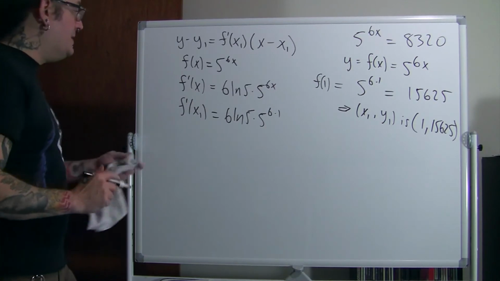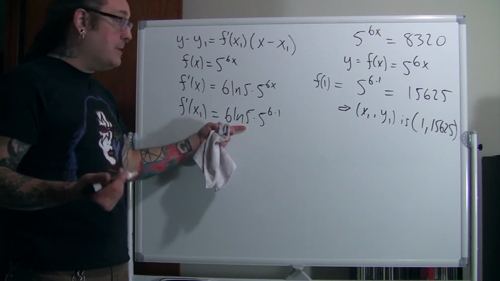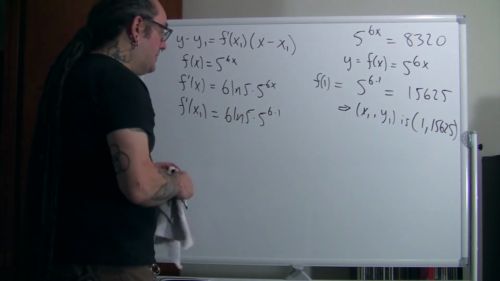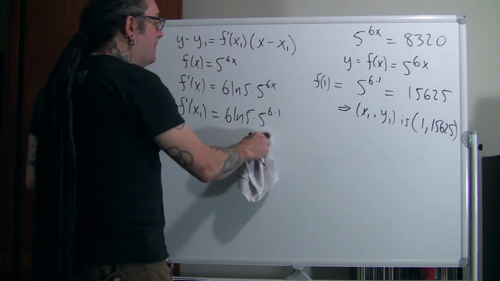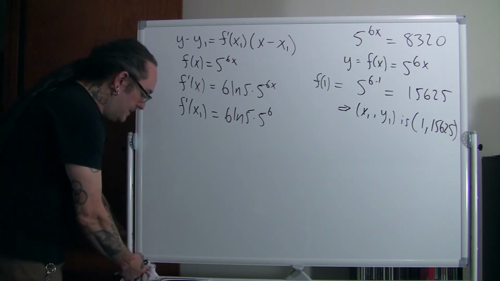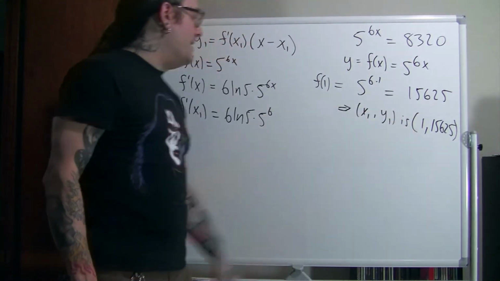So what do we have? We have 6 ln 5, and as I said earlier, just a number, kind of don't care. And this is really 6 times 1, which is 6, so this is 6 ln 5 times 5 to the 6th power. And I also know this number, it's 15,625.